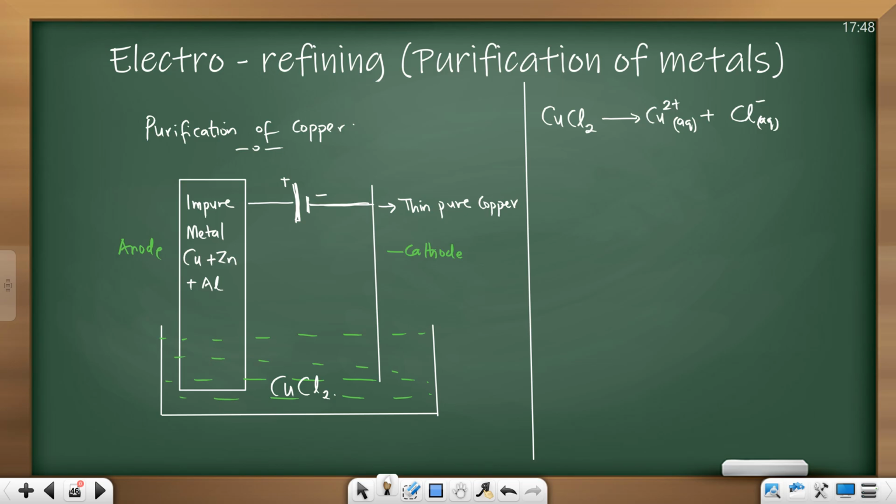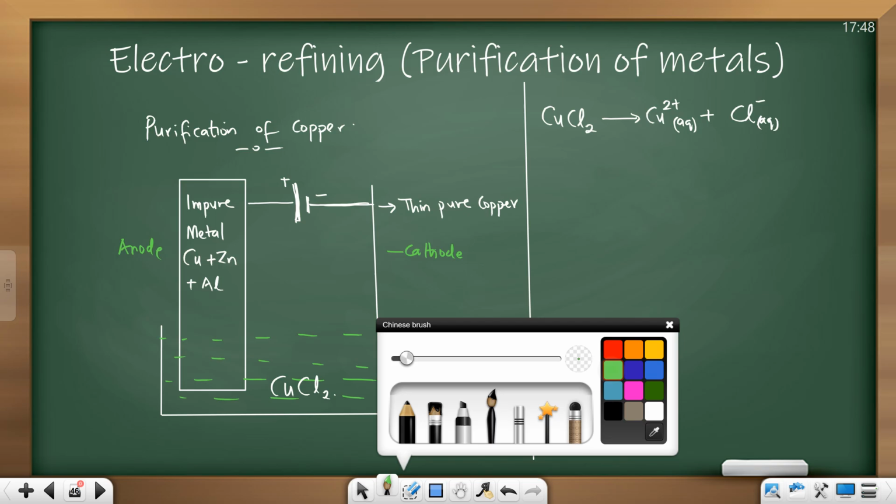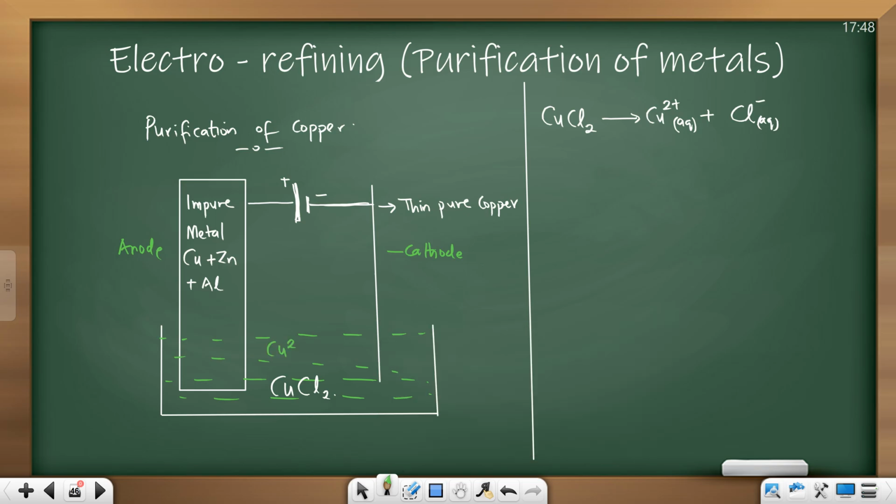Every other one, because now the whole rod is dissolving. So the anode is decreasing. Everything is going down. But our focus is on copper. That's why we're using copper chloride. So only the copper will stick to the cathode. So we have Cu2+ and Cl-, right?